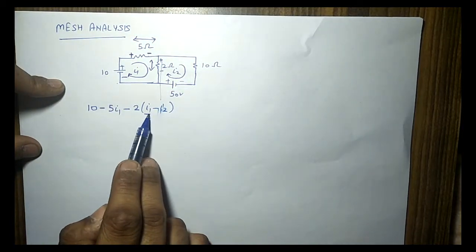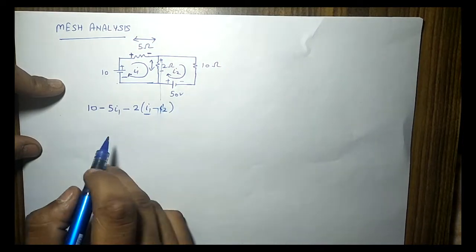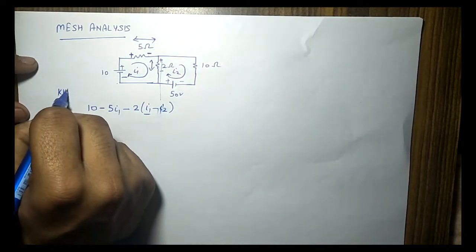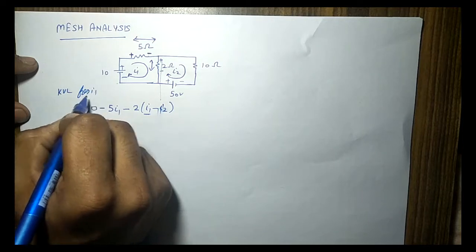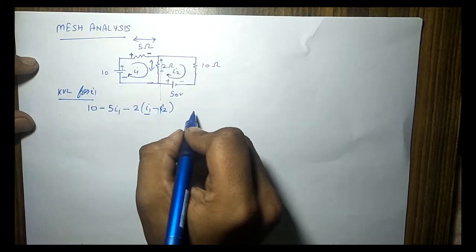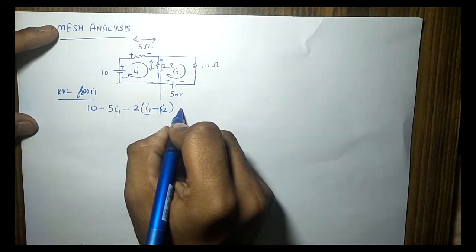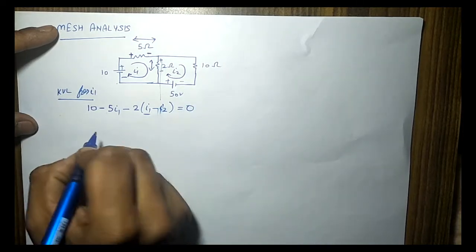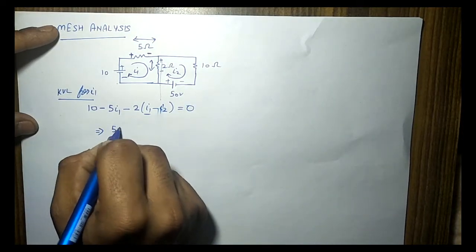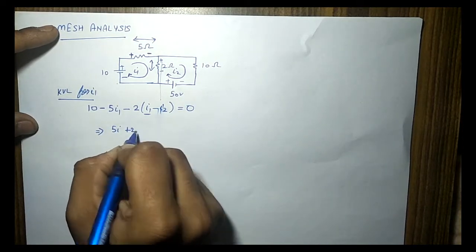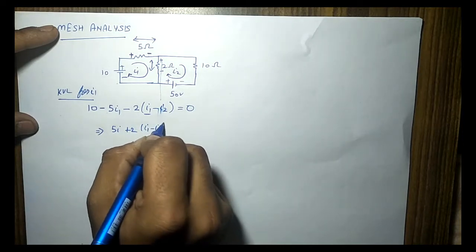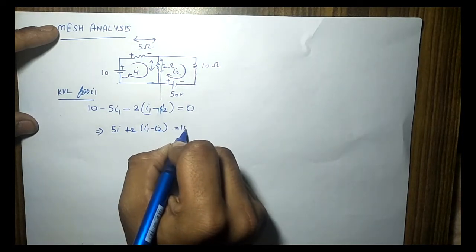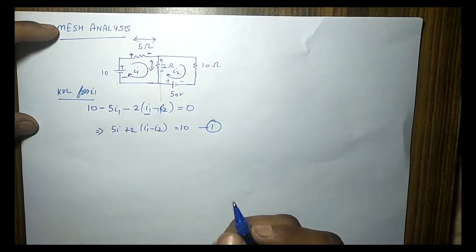So my priority will be I1, not I2, because I am making the KVL equation for I1. This is equal to 0. We can say that 5I1 plus 2(I1 minus I2) is equal to 10. This is my equation 1.